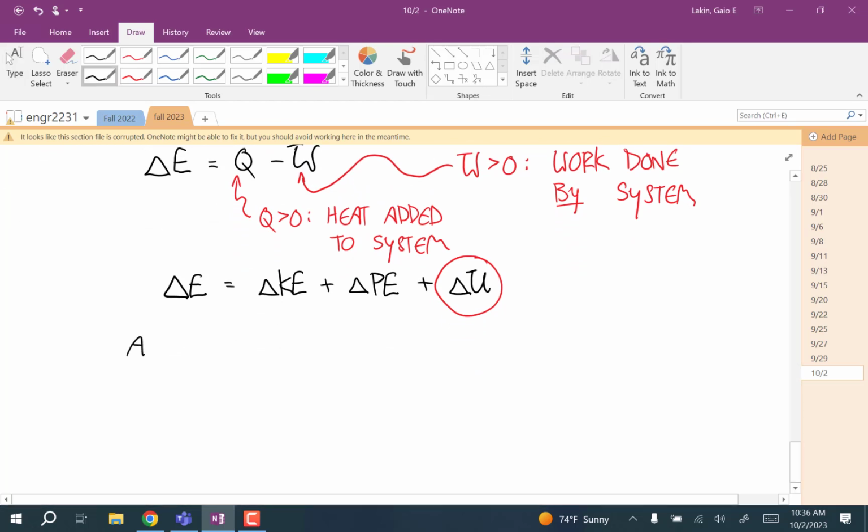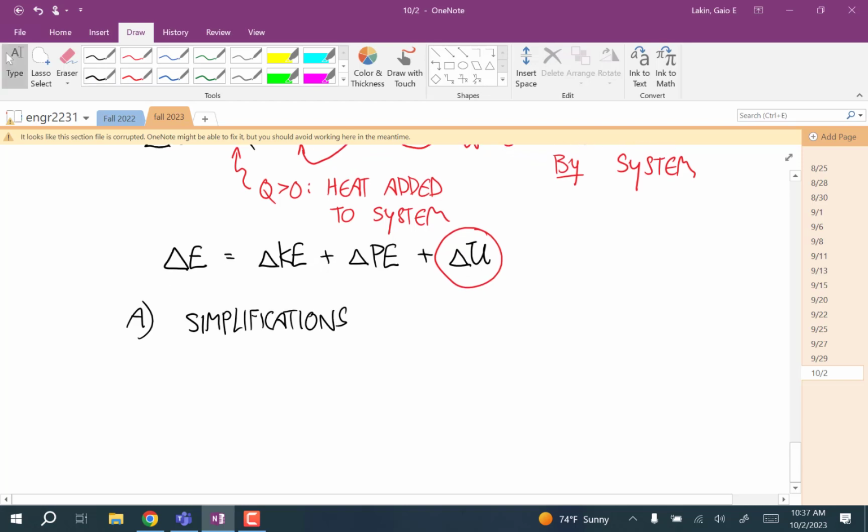Okay, so the first thing is simplifications. There are two cases where the change in energy is equal to zero. The first one is if it says steady state.